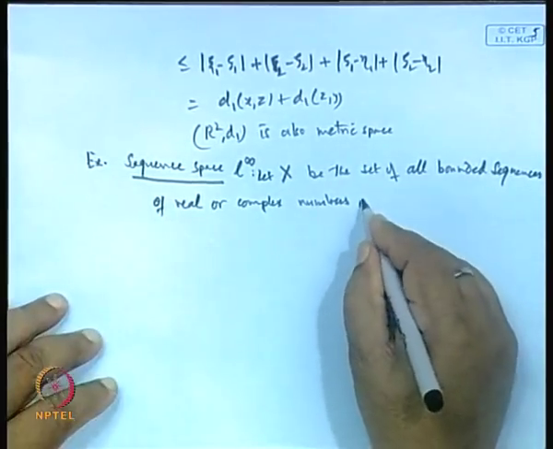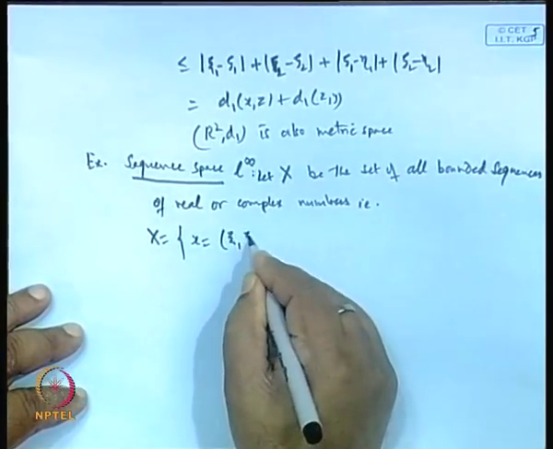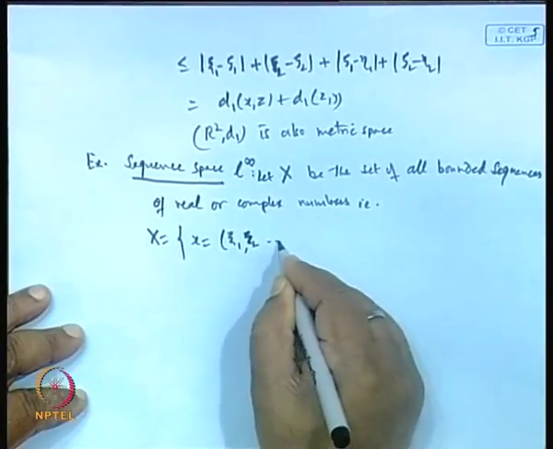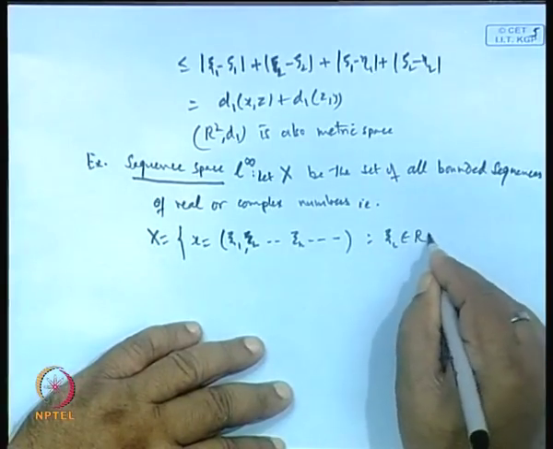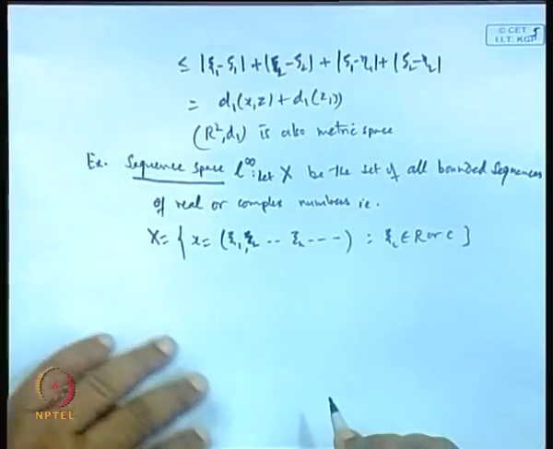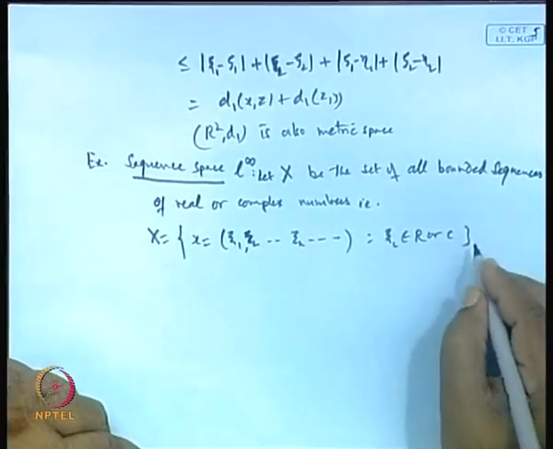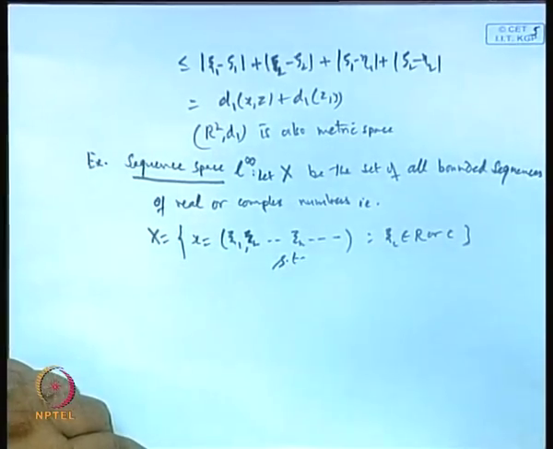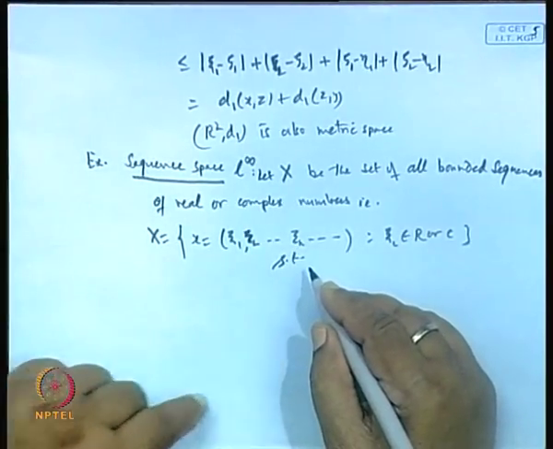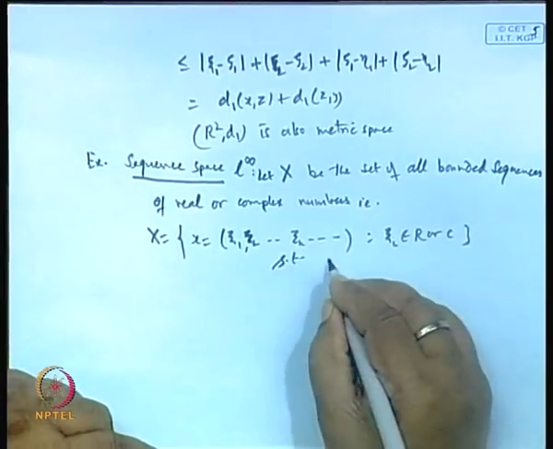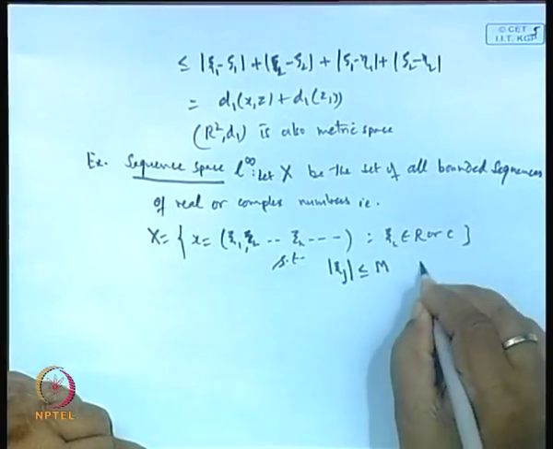That is, the set X is the set of all infinite sequences xi1, xi2, xi3 and so on, where the xi's are either real or complex numbers, such that the sequence is bounded, such that |xi_j| is less than or equal to a constant m for every j.